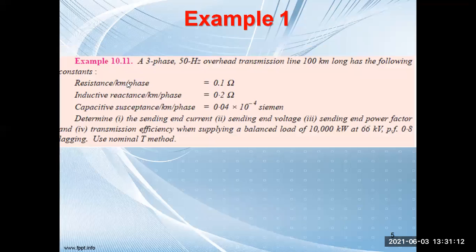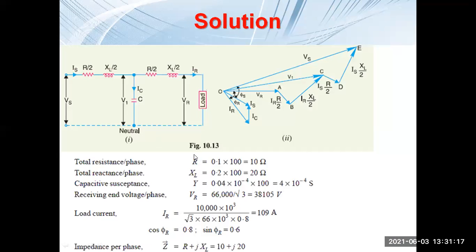For this 100 kilometers you have to calculate the resistance, inductance and capacitance. So R is multiplied by 100, XL is also multiplied by 100, and the susceptance value is also multiplied by 100. So we'll get R, XL and Y.